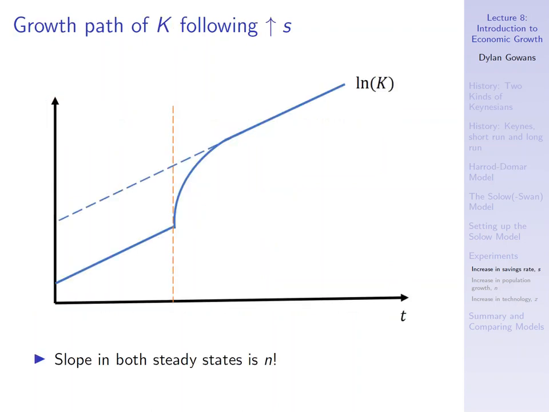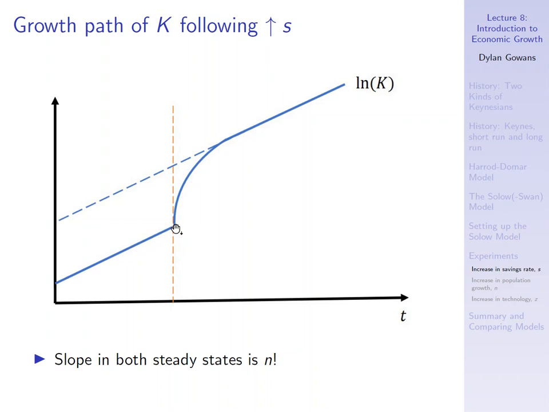Okay, so with that in mind, let's plot the log of our big variables, big K. Remember that K is growing at rate n initially. So here's the log of K, and the slope of the log of K should just be n. Growing at rate n.